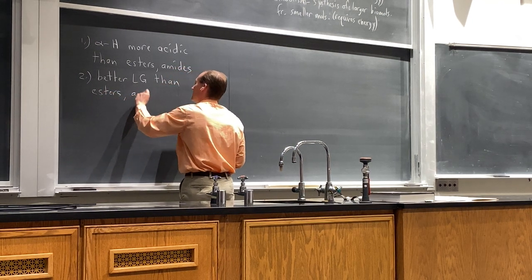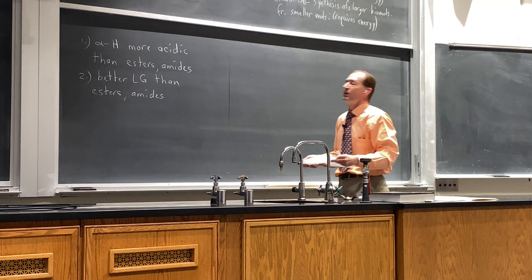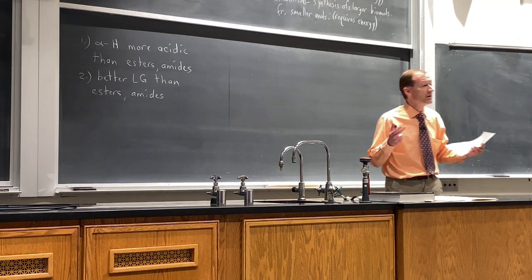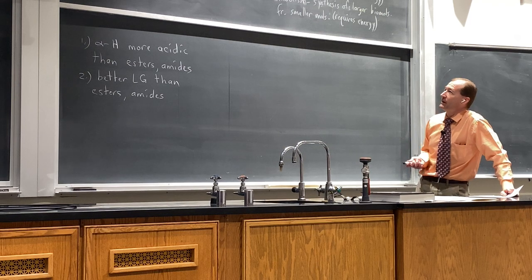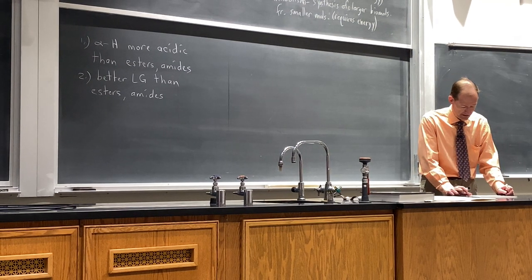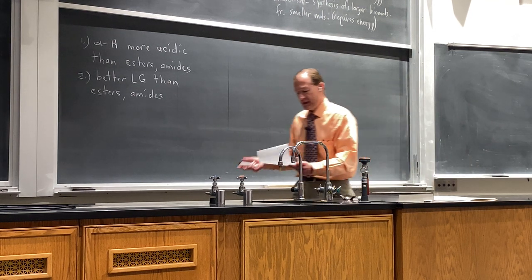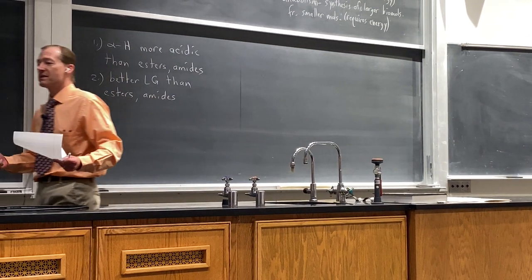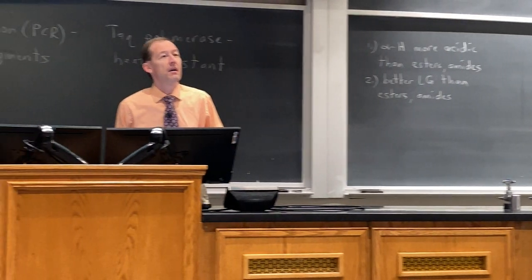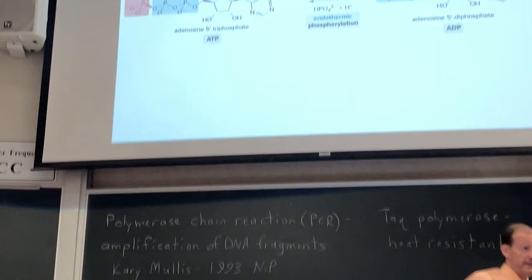So in the reactions we'll see with acetyl coenzyme A, one of these two features is going to be playing a role. The function of that group is a better leaving group, or the ability to make an enolate from acetyl coenzyme A. Okay? And then another key process in these metabolic pathways is the hydrolysis of ATP.